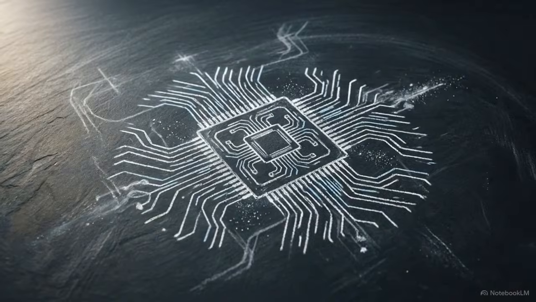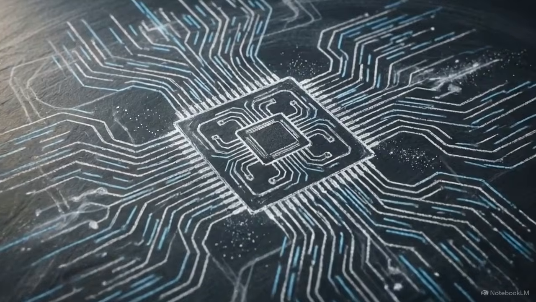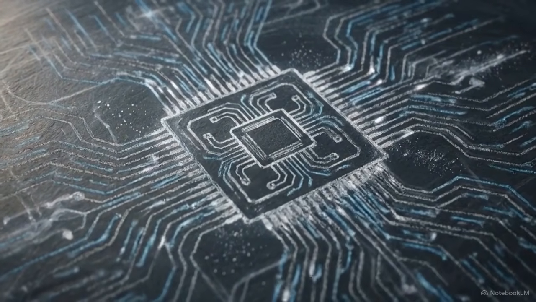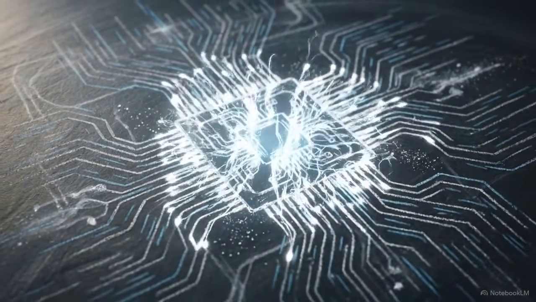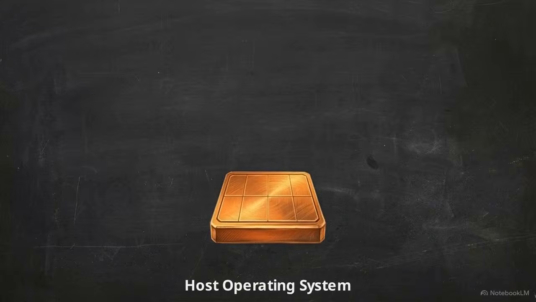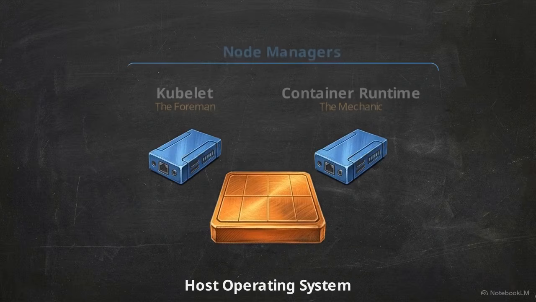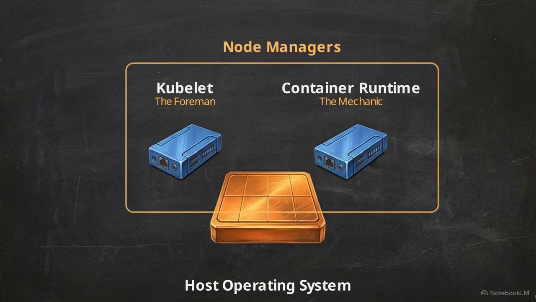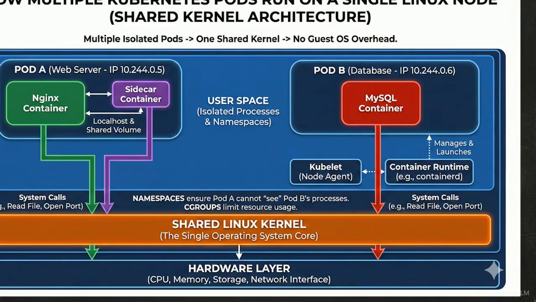This shared kernel model enables near-native hardware performance, but it also creates a massive management and traffic control challenge for the system. To keep the node organized, Kubernetes uses two managers that sit directly on top of the host operating system. The Kubelet is the on-site foreman, constantly communicating with the Kubernetes Control Plane to see which application should run.